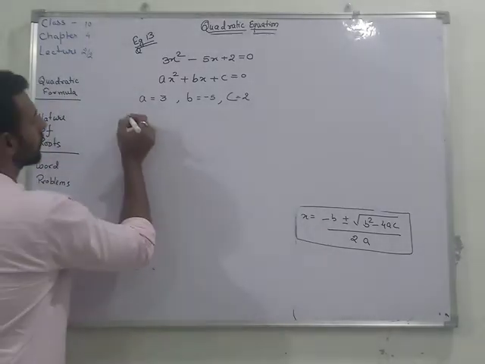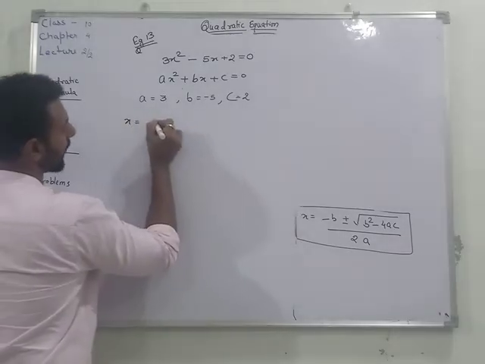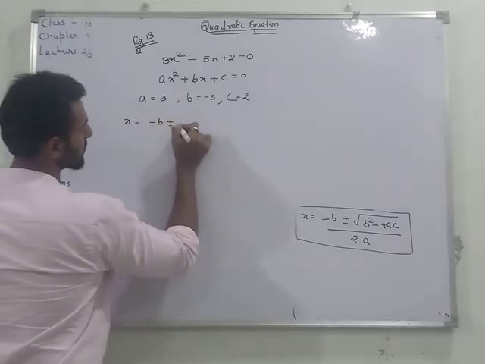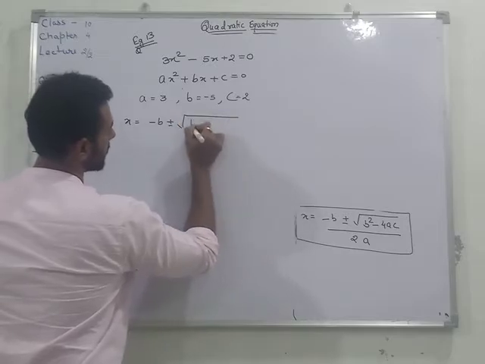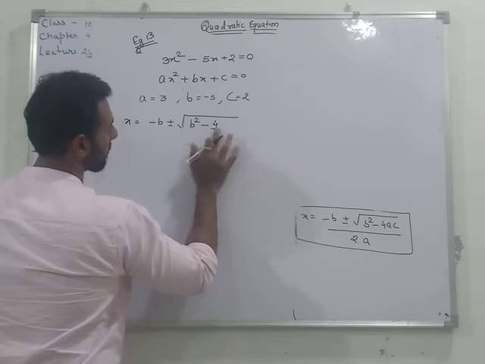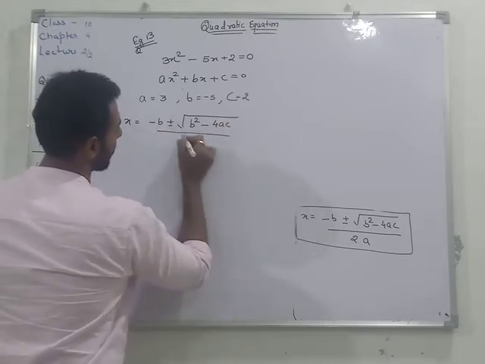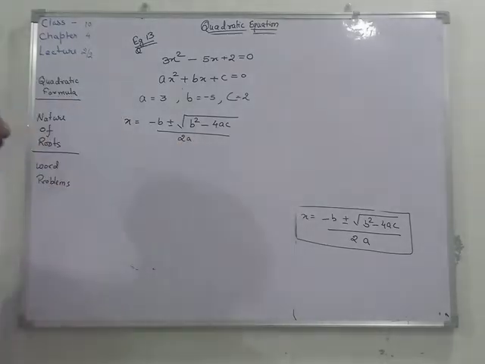Now using this formula, x is equal to minus b plus minus under root of b square minus 4ac, whole upon twice of a.